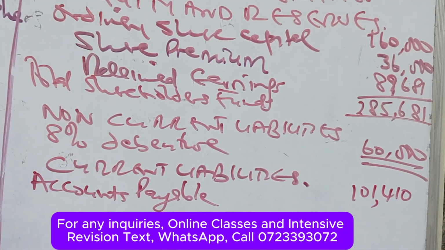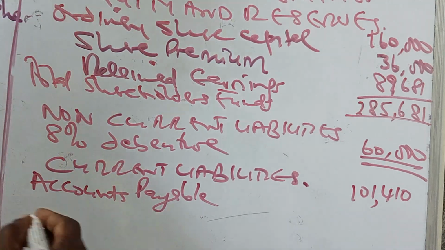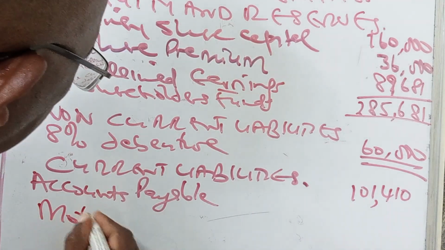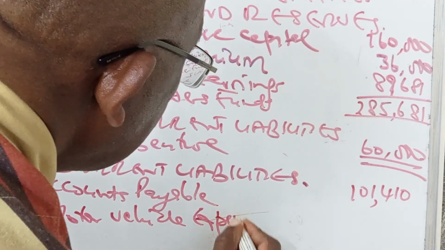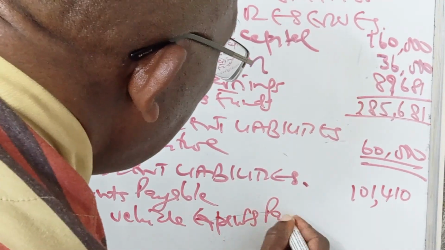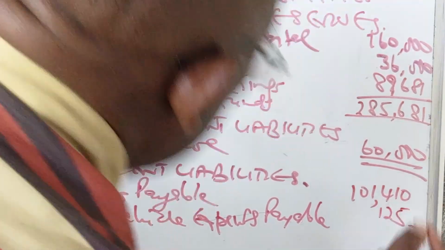Then you check all the other liabilities, the ones which we have not worked on. So let's check on our current liabilities. We said motor vehicle expenses payable is 125.